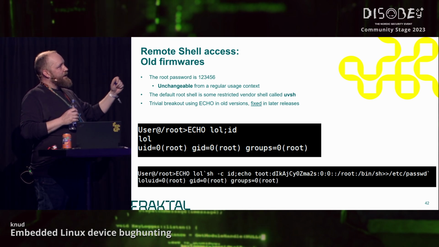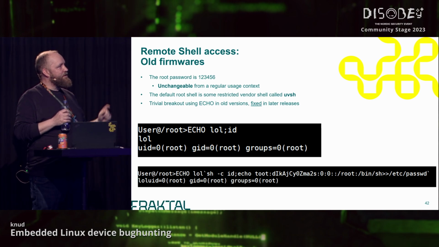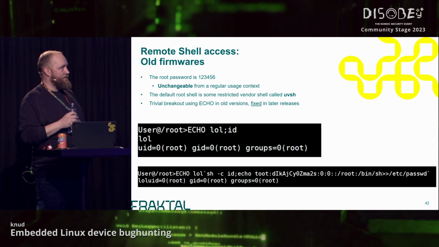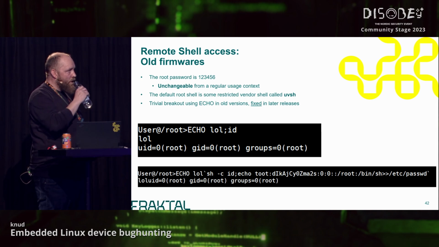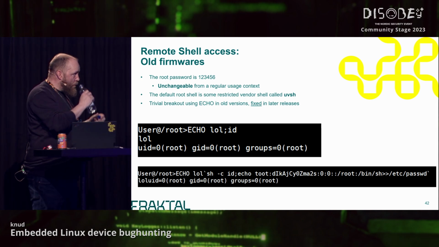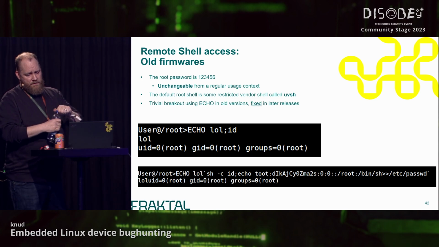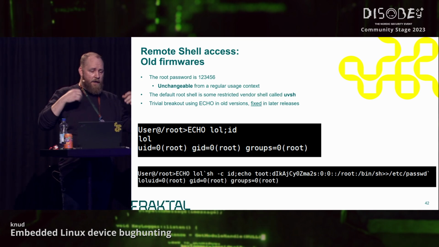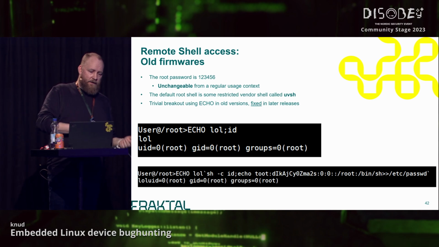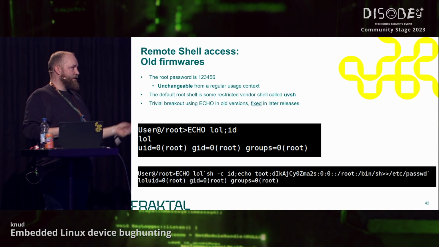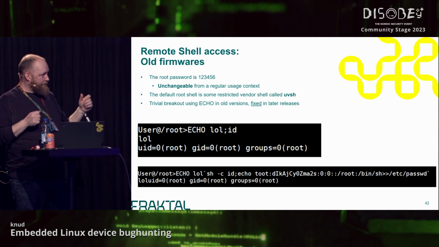And then you land in a restricted vendor shell called UVSH, which is probably Unit View Shell. And of course, the first thing you type in those is help, and then you look at the commands, and you can see that there's an echo command, and you can do command injection in it. So very classic.